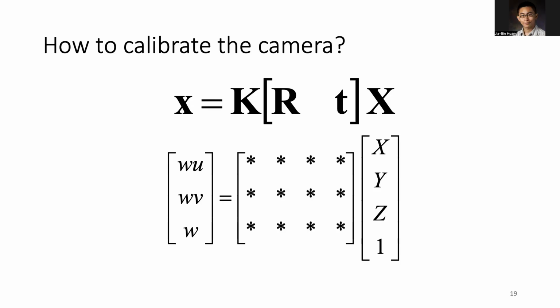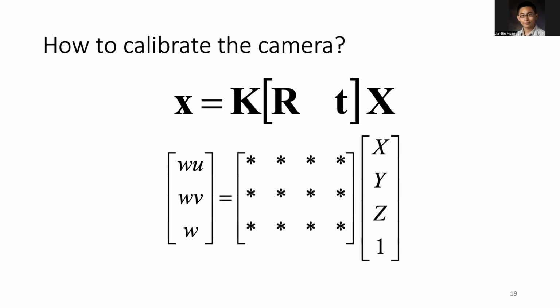Now let's say you have a relationship between the 2D point, small x, and the 3D point, big X, and you have some unknowns here. You don't know the intrinsics of the camera, and you don't know where the camera is, the extrinsics.